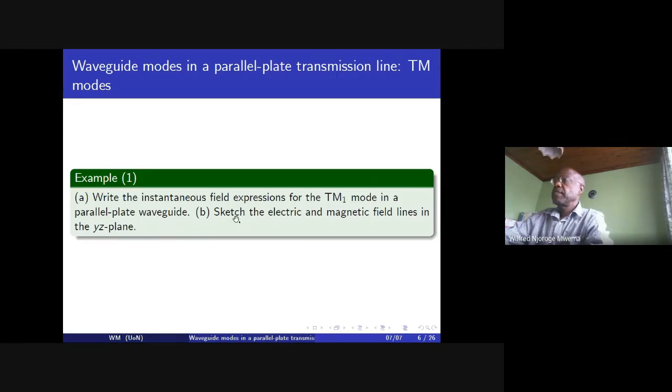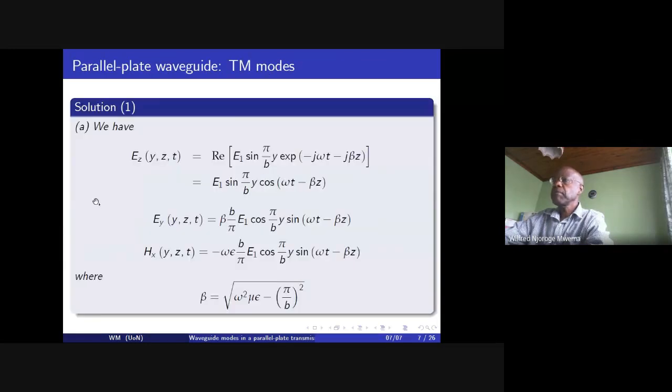B: Sketch the electric and magnetic field lines in the YZ plane, that is a transverse plane, so to speak. As a solution, we have seen that the solution for Ez is given by En multiplied by sine of n pi by b y.